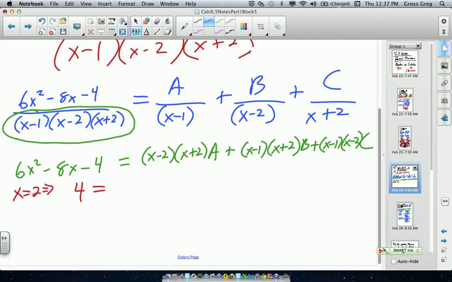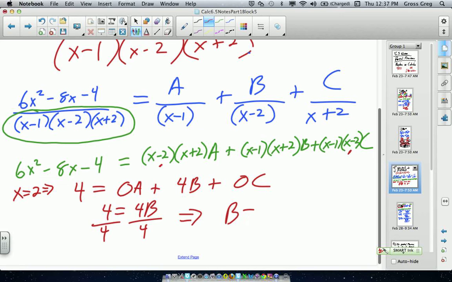And then the 2 here becomes 0, so 0a. The 2 here becomes 1 times 4, which would be 4b. And when you plug the 2 into the c, it becomes 0c. So the a and the c go away, and I'm left with 4 equals 4b. If I divide both sides by 4, I'm left with b equals 1. That's the one I found first.